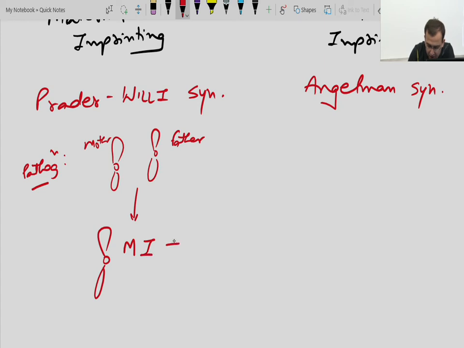Maternal imprinting. Plus, what is happening to that of the father? It is getting deleted. So, Prader-Willi syndrome is maternal imprinting plus paternal deletion.